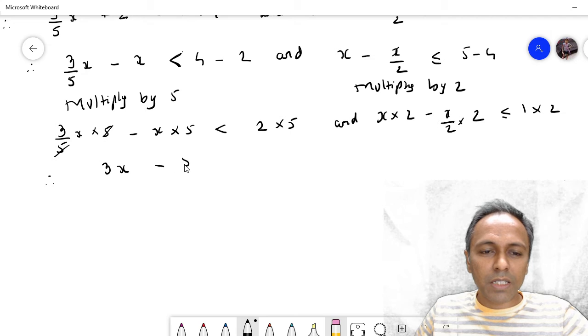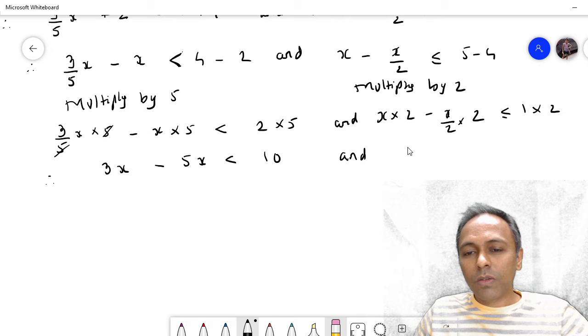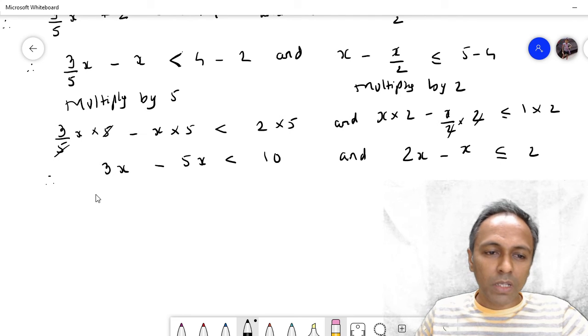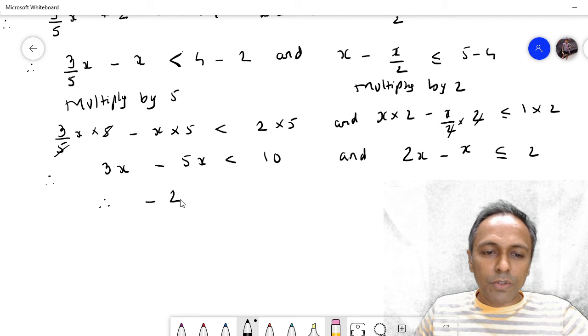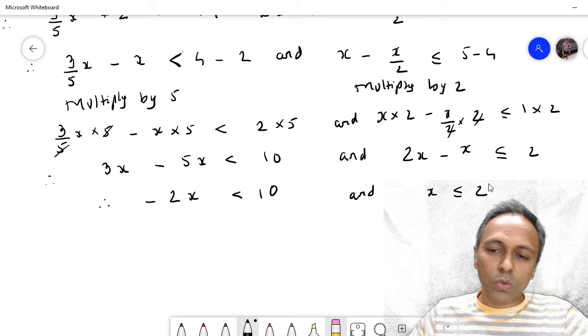This becomes 3x minus 5x is less than 10. And here, 2x minus x is less than or equal to 2. This gives you minus 2x is less than 10 and x is less than or equal to 2.